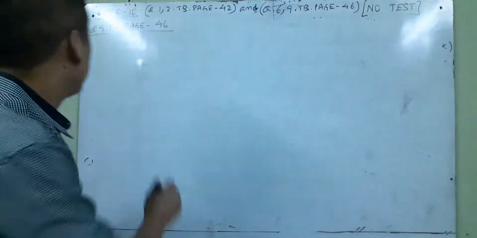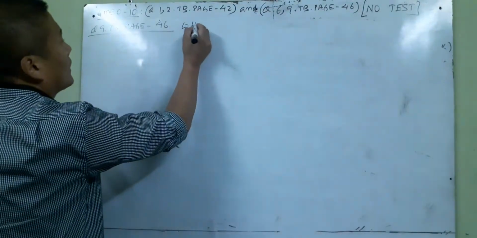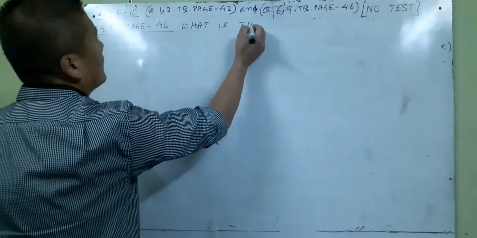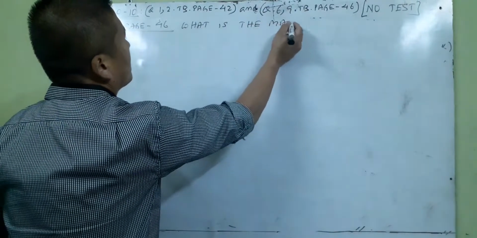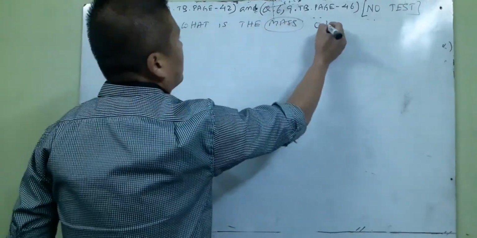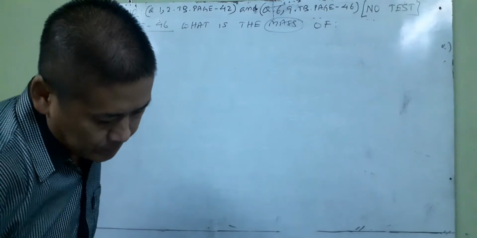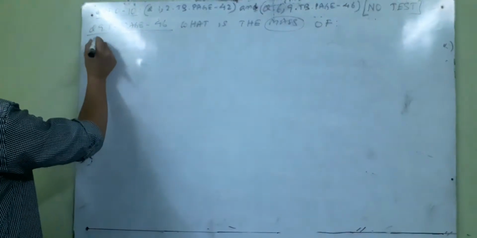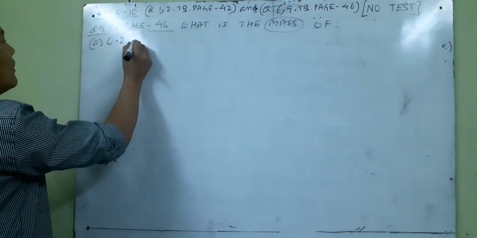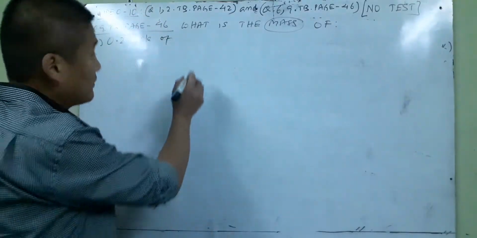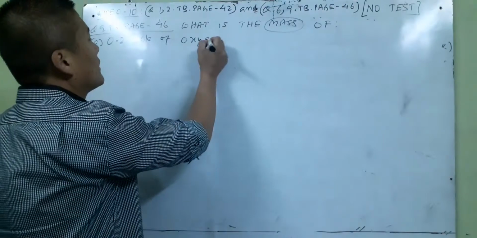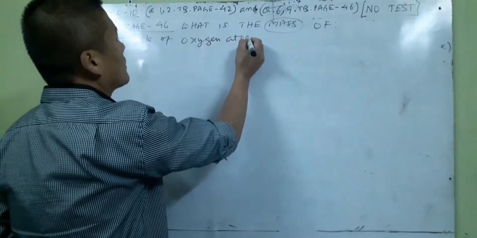What is the mass of, so let us just write down, what is the mass, please keep that in mind, mass of, number A, 0.2 mole of oxygen atoms. They did not give us the formula, okay, oxygen atoms.